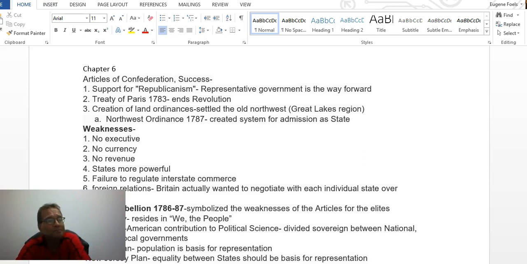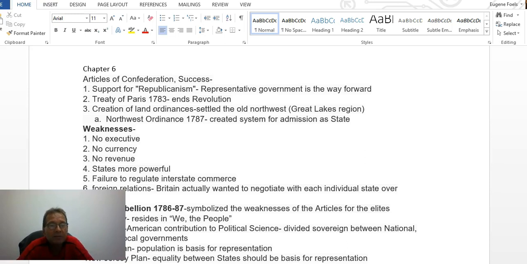In this chapter, we are discussing chapter 6, which is creating a more perfect union. The original government, the first written constitution, was the Articles of Confederation. They did have some successes in creating representative government as a way of going forward.